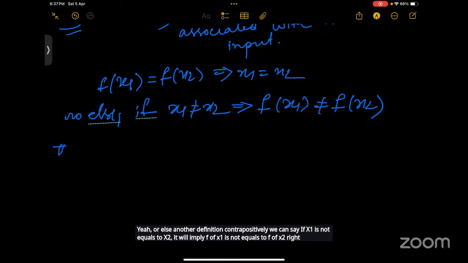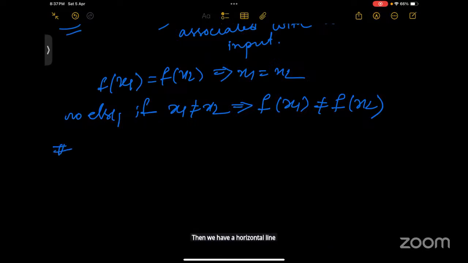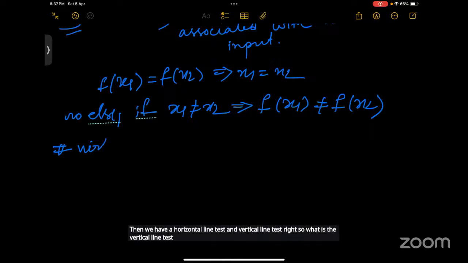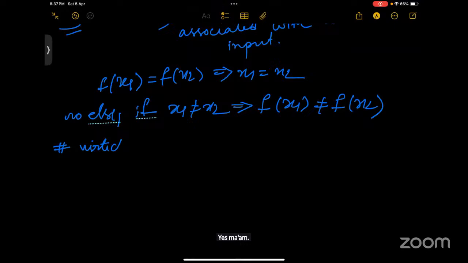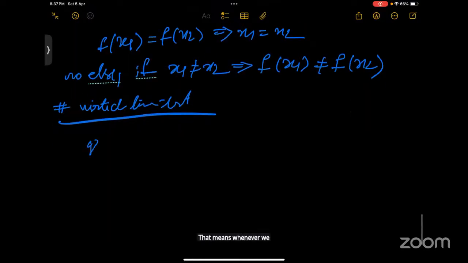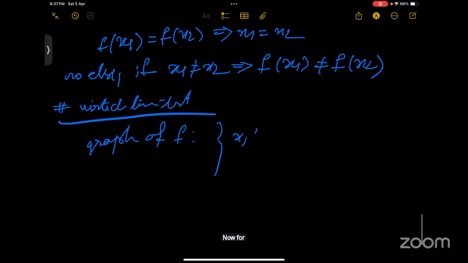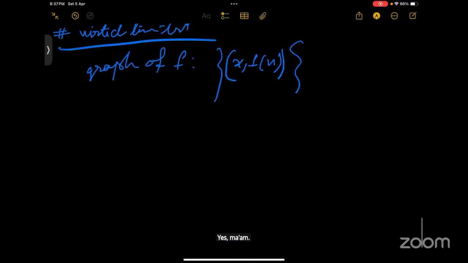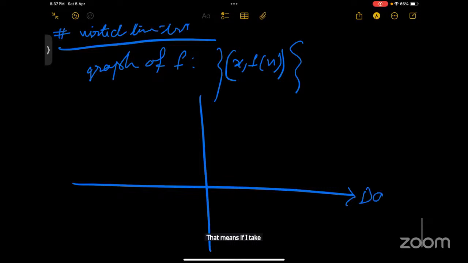Then we have the horizontal line test and the vertical line test, right? So what is the vertical line test? It will tell whether a graph is a function or not. Whenever we have a function, the graph of the function is the set of points (x, f(x)). Suppose this is our domain and this is our codomain.